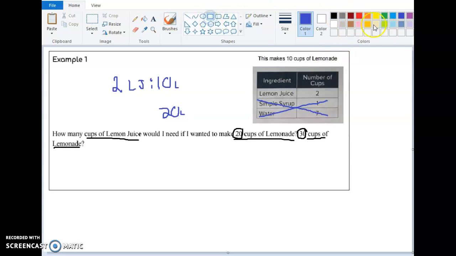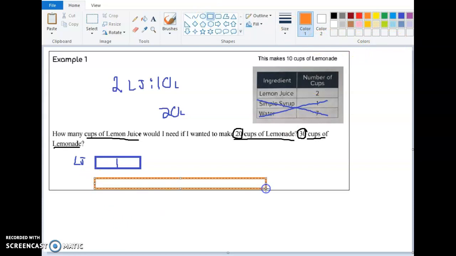We're going to draw a picture. Let's draw right here. We've got our 2. This is my lemon juice. And this is going to be my lemonade.